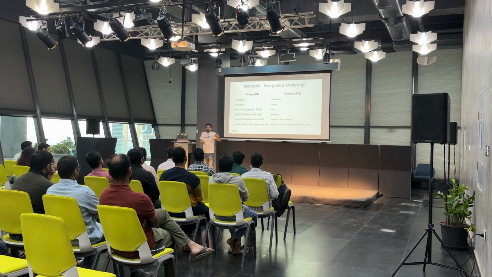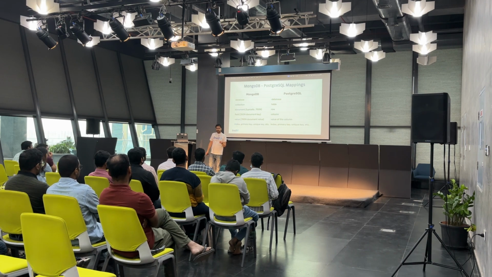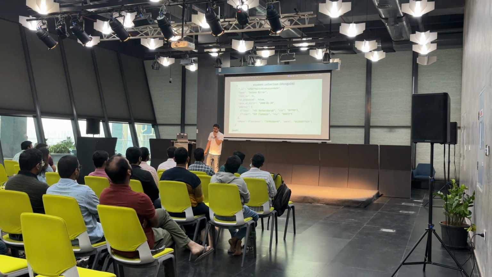That's called a row in the relational database. You have a field, which is a key-value field, akin to a column in a relational database, and the value will be the value of the column. The rest of the terms are very similar.